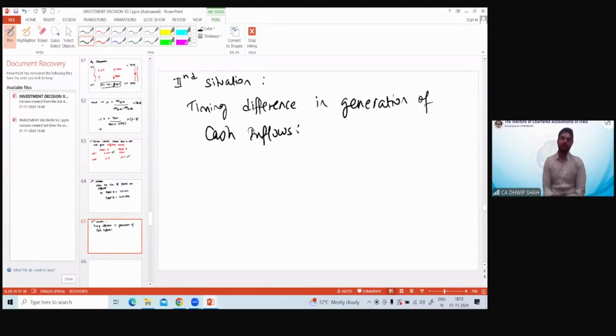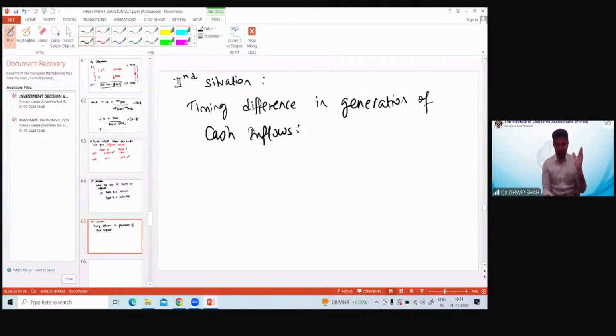By this, I mean that one project generates cash inflows in the initial years. Starting में ही हो जाते हैं सारे cash inflows. Major cash inflows of the project are generated in the initial years. For another project, a major amount of cash inflows is generated in later years. Are you getting this? So in such timing difference, there would be contradictory results.